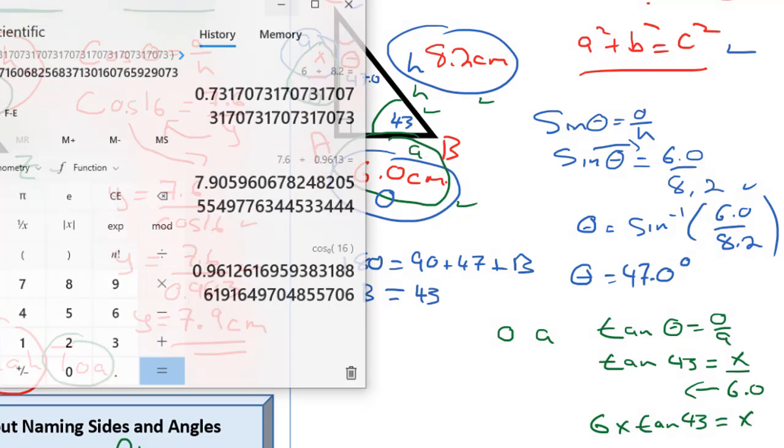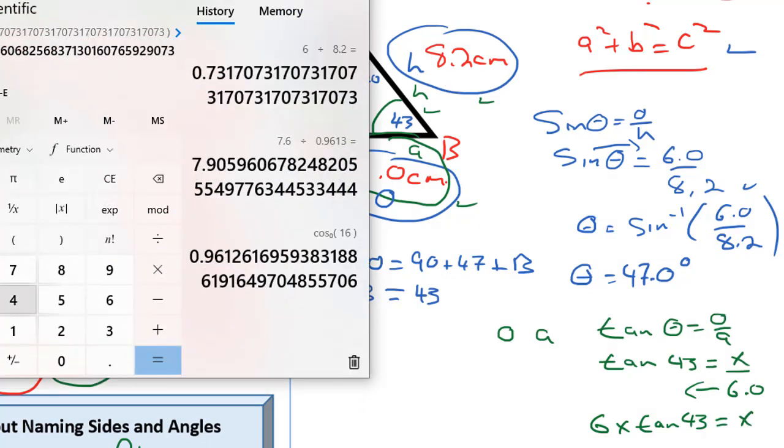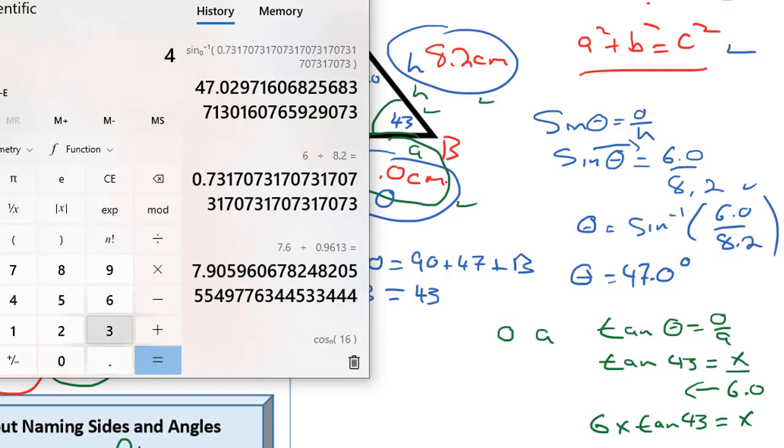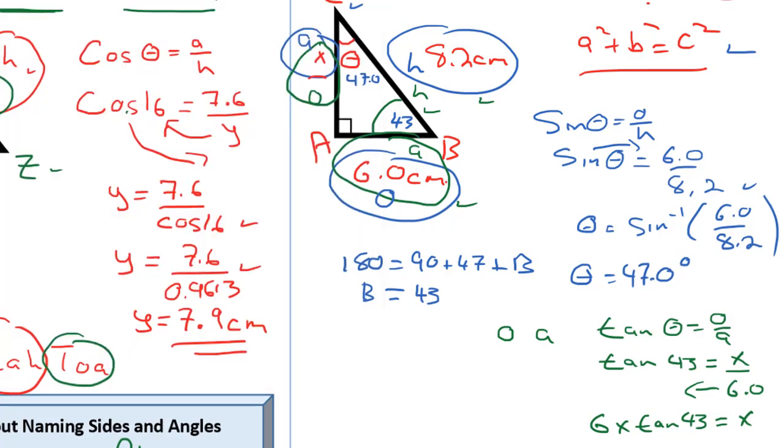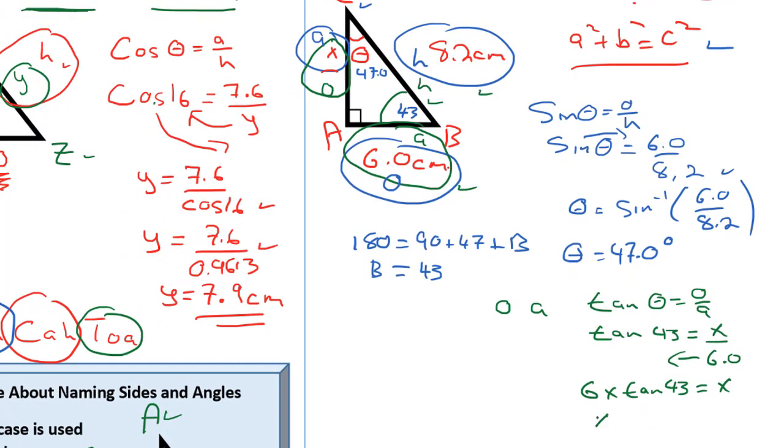Then I'm going to pull my calculator up. I'm going to start by figuring out tan of 43. So I go 4, 3, drop down tan, and now I'm going to multiply by 6. And I get 5.595. I'm going to round that to 5.6. So side B, represented by x in this case, is going to be 5.6.